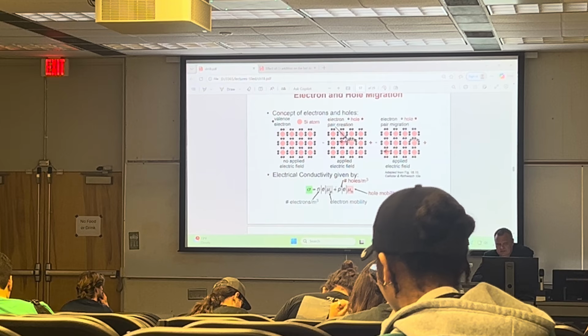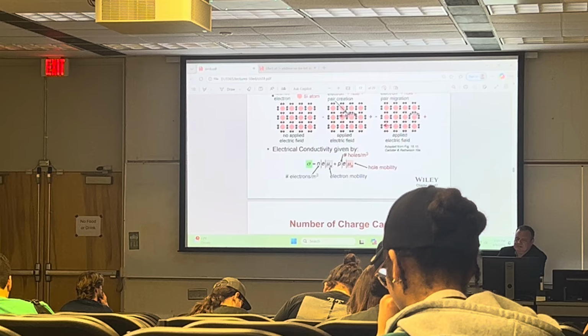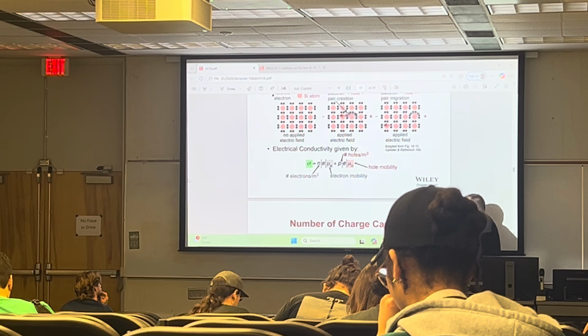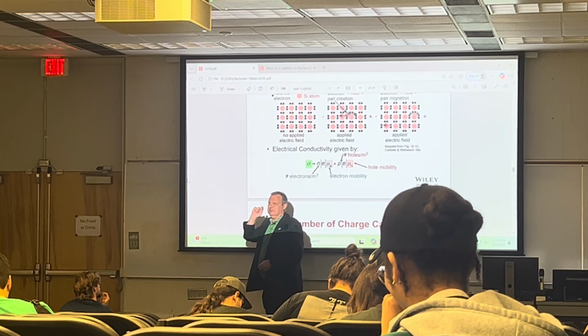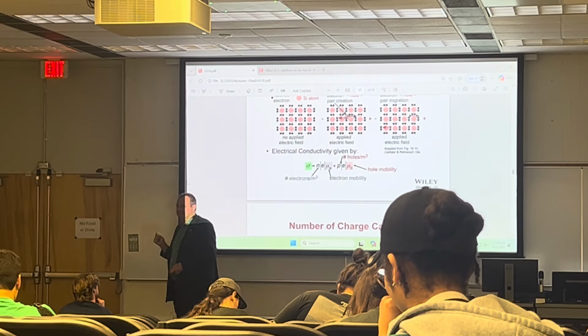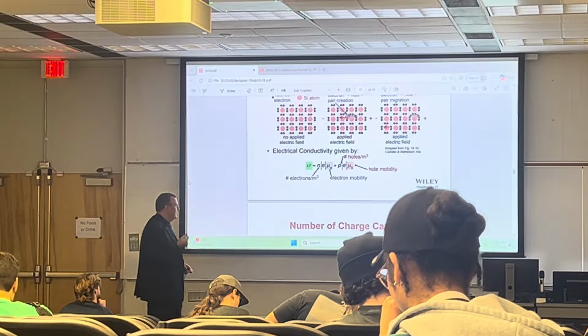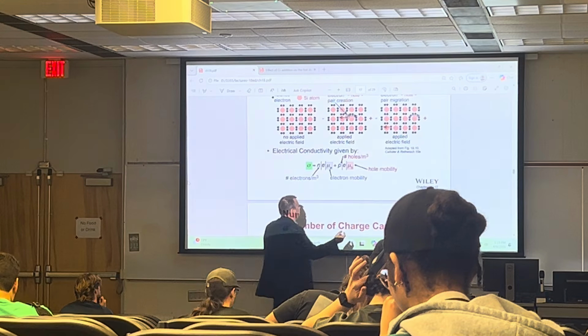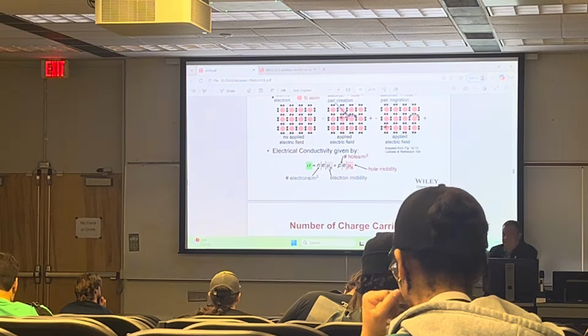You see this? This is the key for a semiconductor. Because for a conductor, all the conduction is governed by the electrons. Whereas for the semiconductor, we also have this hole mobility and hole contribution.